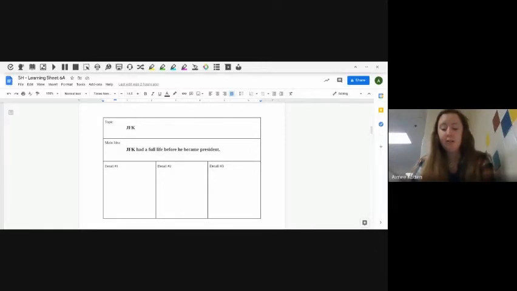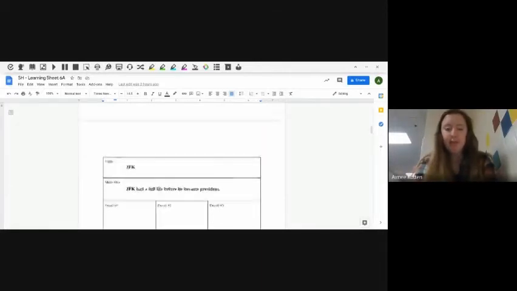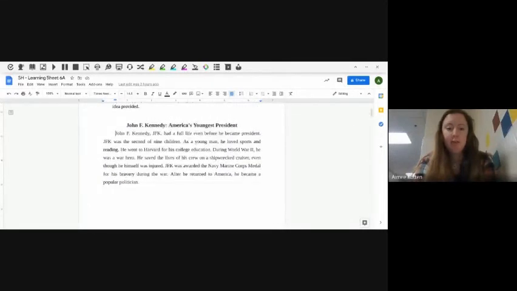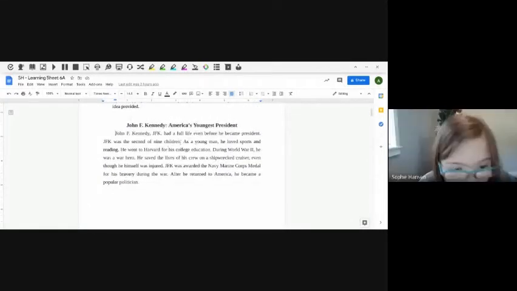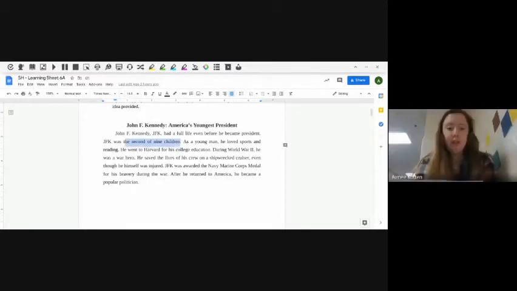What's one detail related to JFK's early life? Well, it says here that he was the second of 9 children. So I'm going to highlight that. JFK was the second of 9 children. What color should I use?